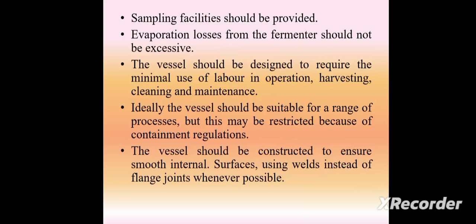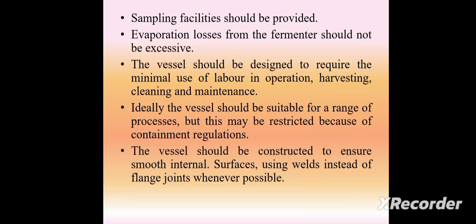The vessel should be designed to require minimal use of labor in operation, and be easy to operate, harvest, clean and maintain. Ideally, the vessel should be suitable for a range of processes, but this may be restricted because of containment regulations.